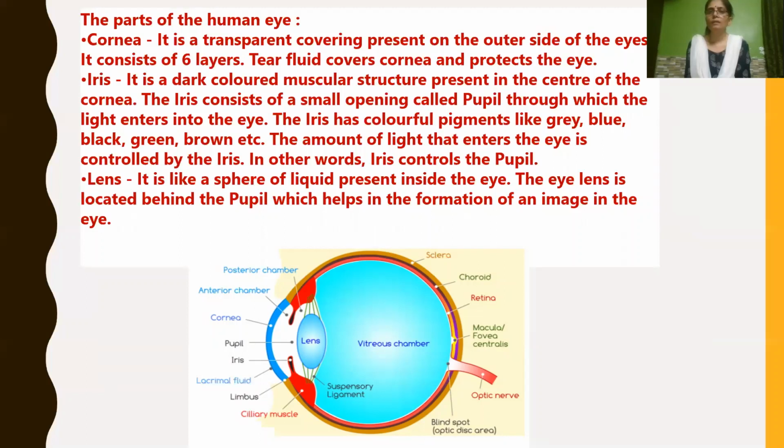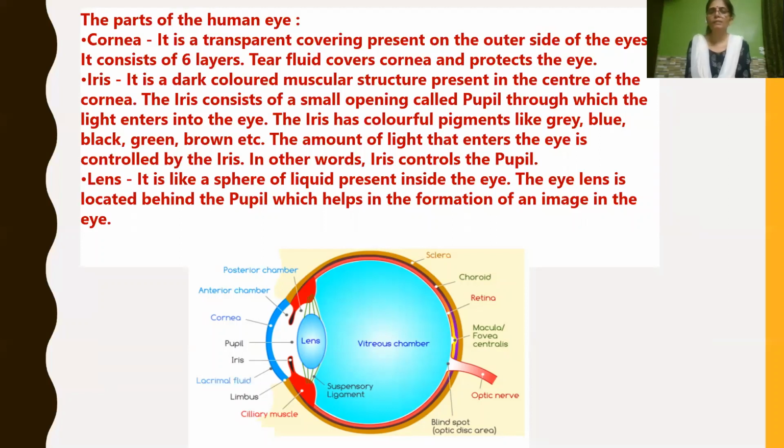The iris has colorful pigments like gray, blue, black, green, brown, etc., which determine our eye color, isn't it? And the amount of light that enters into our eye is controlled by the iris. That is, the iris has a small opening called the pupil, so the amount of light entering our eye is controlled through the pupil.